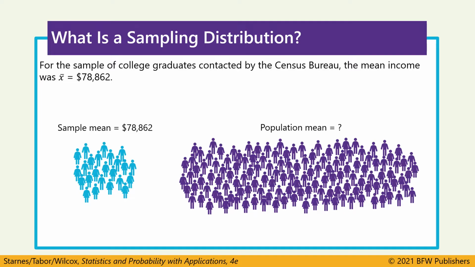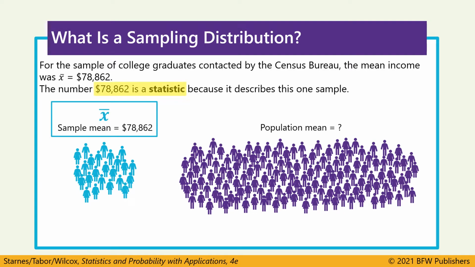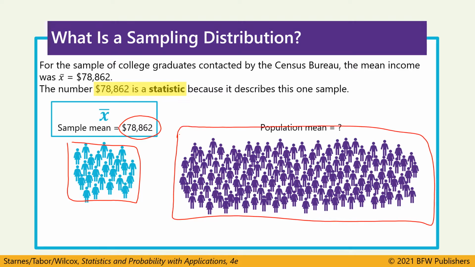As I just mentioned, that value is a statistic, and it's a statistic because it describes this one sample. Every time we take a different sample of 60,000 people, or whatever size sample we're talking about, we're going to get a different average. So this value will change depending on the people that we select. However, there is some true average, some overall average.